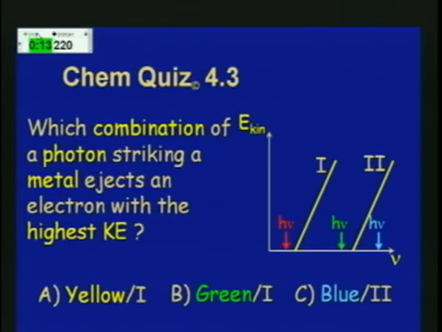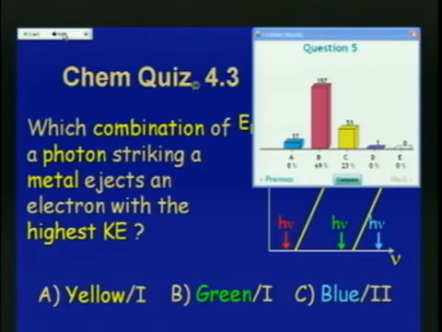I hope people haven't left already. We'll see. 10 seconds. Which combination is it going to be? All right. Let's see what we got here. Yes! I'll take that. So that looks pretty good, 69%. Think B.